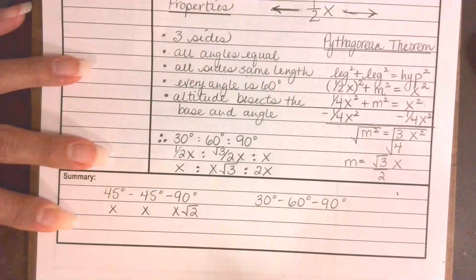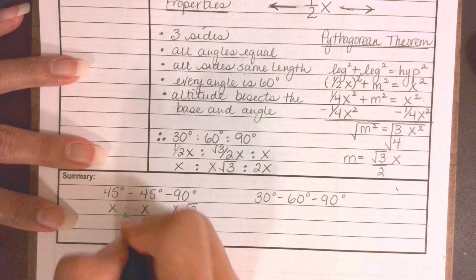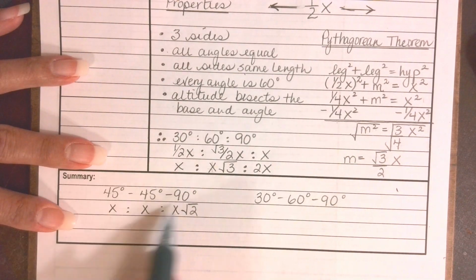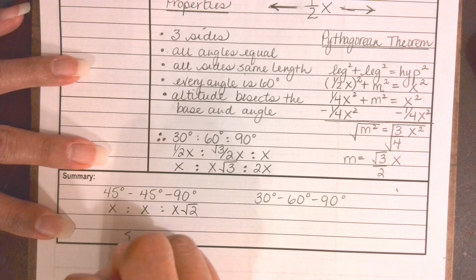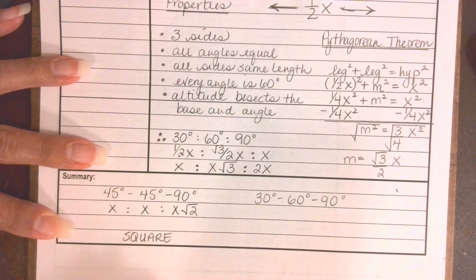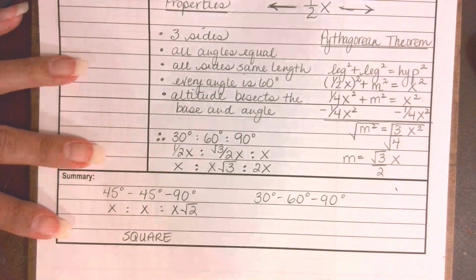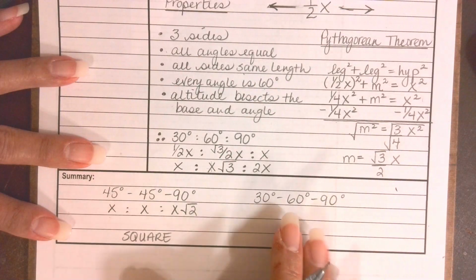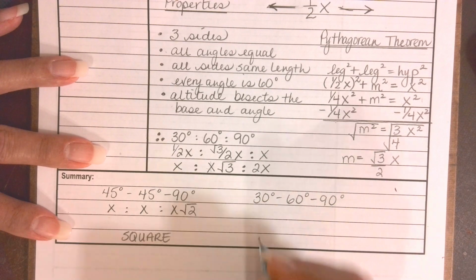Yes, I would like you to memorize those ratios, but also understand that this came from a square, and now you can remember the task of actually doubling that square to convert it into a triangle, and remembering the properties of the square helps you remember this ratio, and how the 30-60-90 ratio came about.